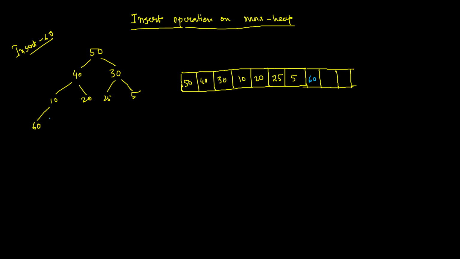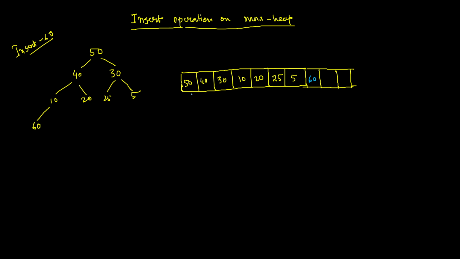So basically what you will do, you will check this 60 with 10. I don't know about the other part, but at least this 60 and 10, are they following the proper rule of a max heap? No, they are not following the proper rule of max heap. So what will happen, we will have a swap between 60 and 10.